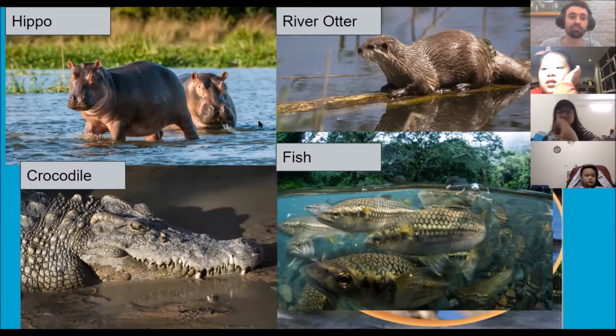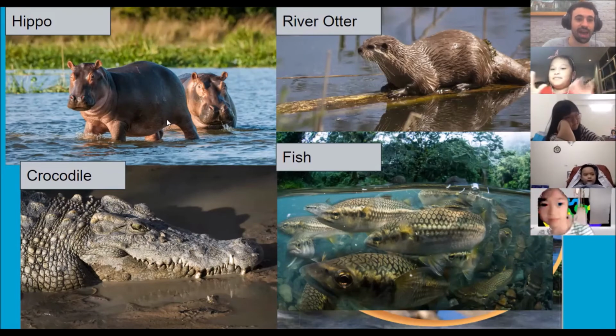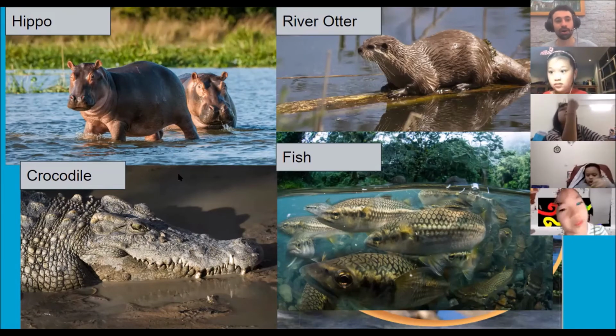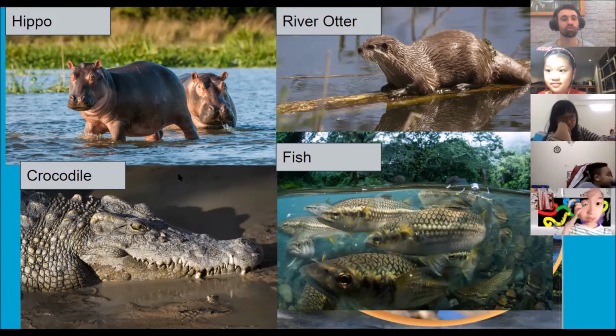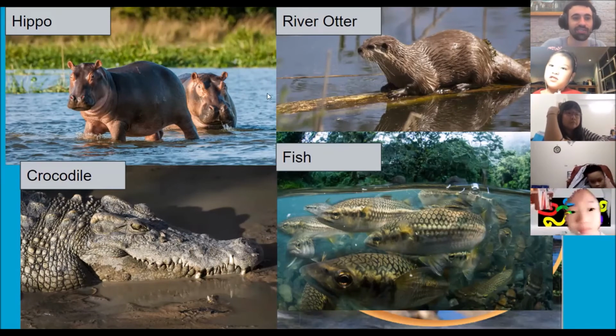And they happen to be more aggressive than alligators or crocodiles. If you're on a river and there's a hippo, they might try to attack you. Crocodiles will be scared of you and try to swim away. They won't think you're food. Hippos will attack. Yeah, they're very scary.